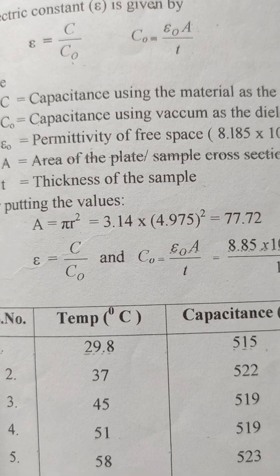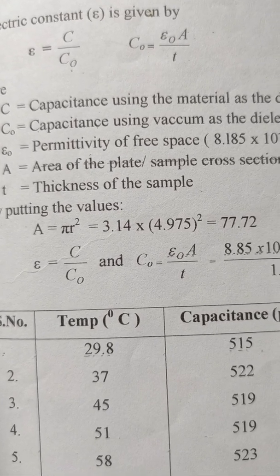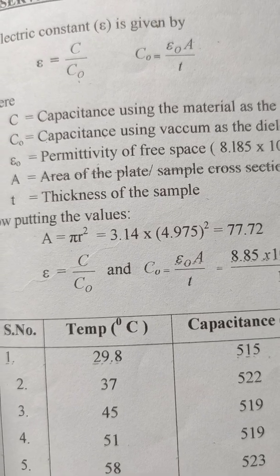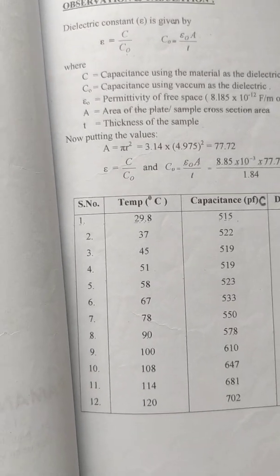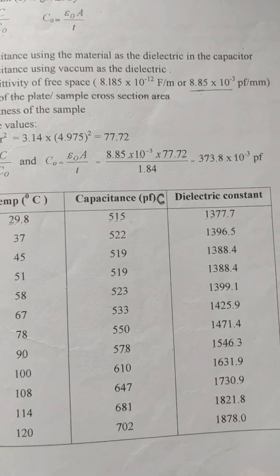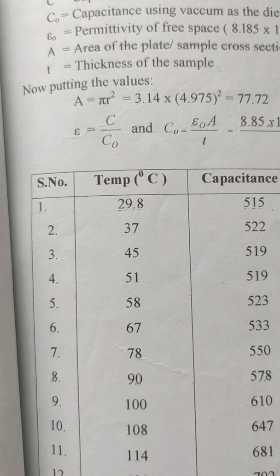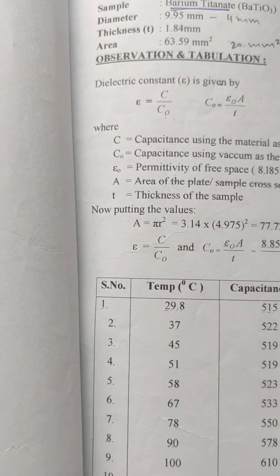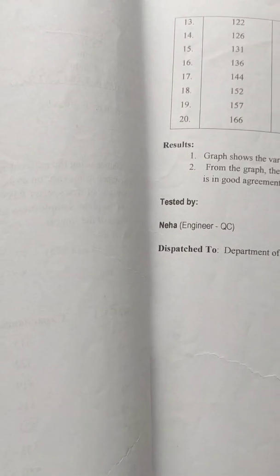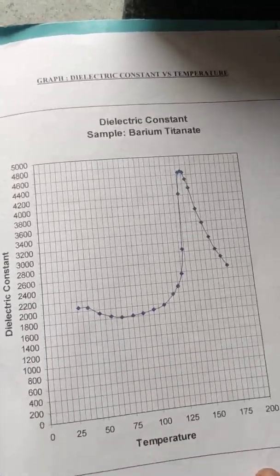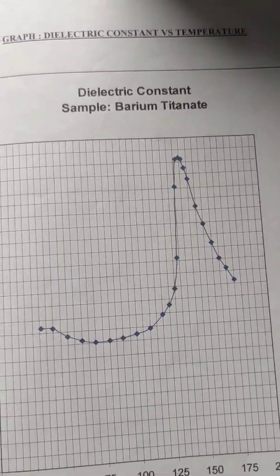You would have to find the area, the value of A is equal to pi r square, and put all the values of temperature, capacitance and dielectric constant in this table like this. Again, finally you would have to plot a graph just to find the Curie temperature.